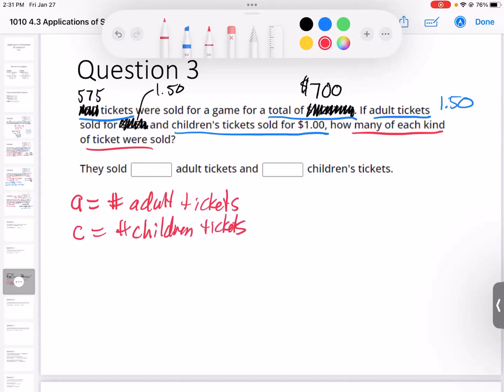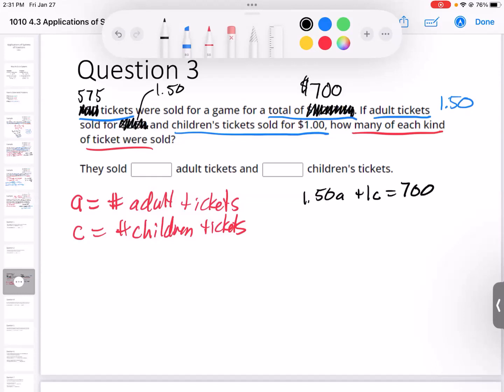Okay, so with those two variables, how are you thinking we could write an equation? Ultimately, we'll get two, but which equation do you think might be easiest to write? 1.5A, yep, that would totally work.